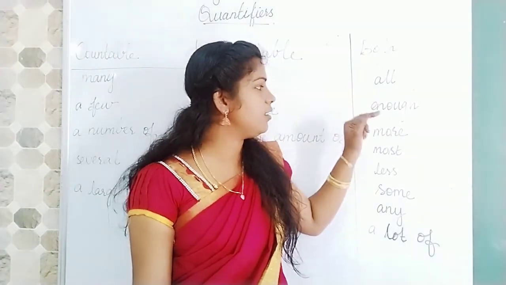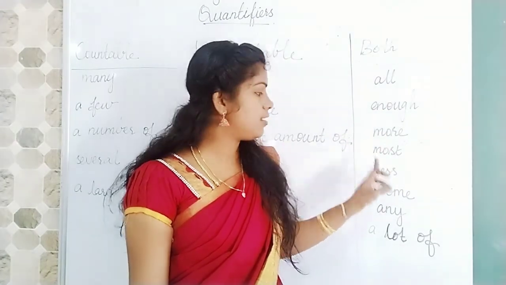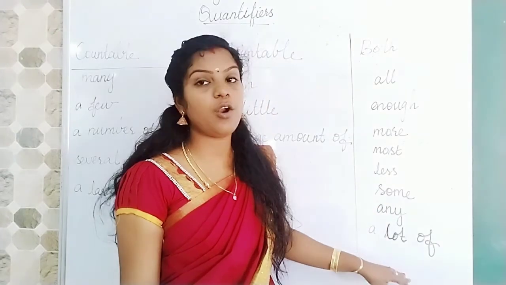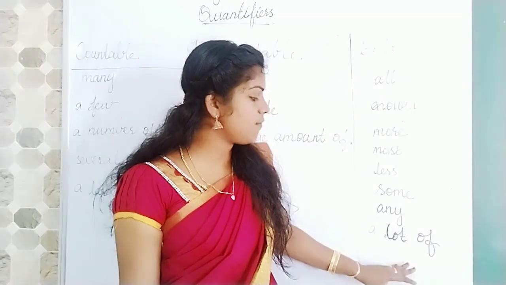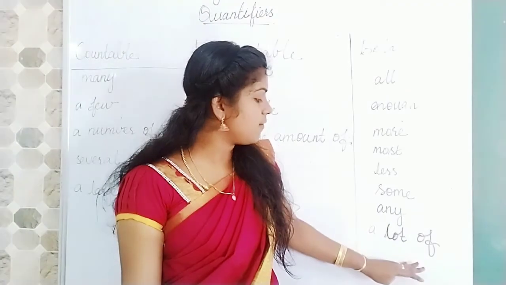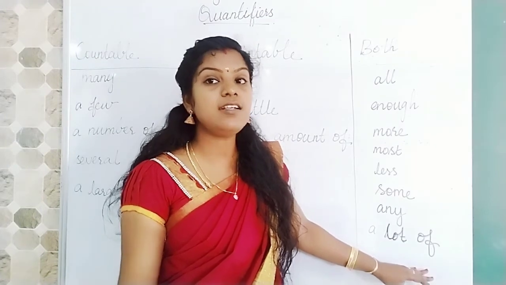All, enough, more, most, less, some, any, a lot of. I have a lot of chocolate. Chocolate is a countable noun. I have a lot of furniture in my home. Furniture is an uncountable noun.